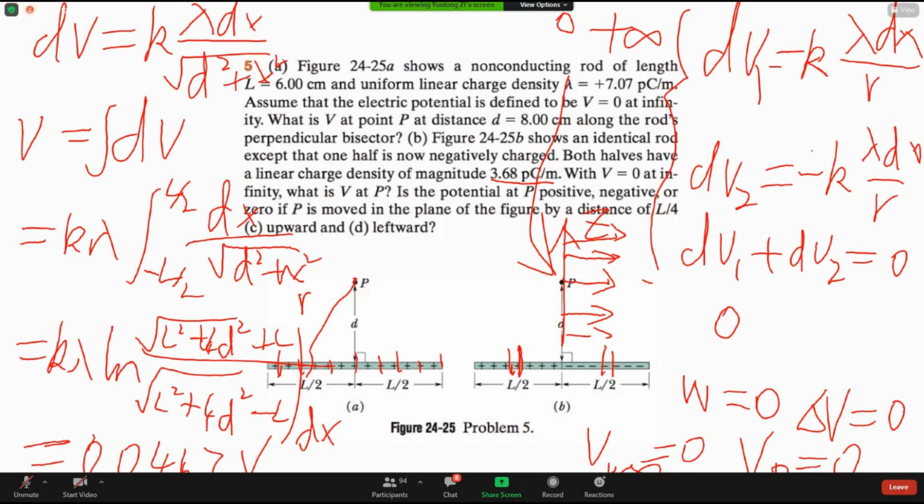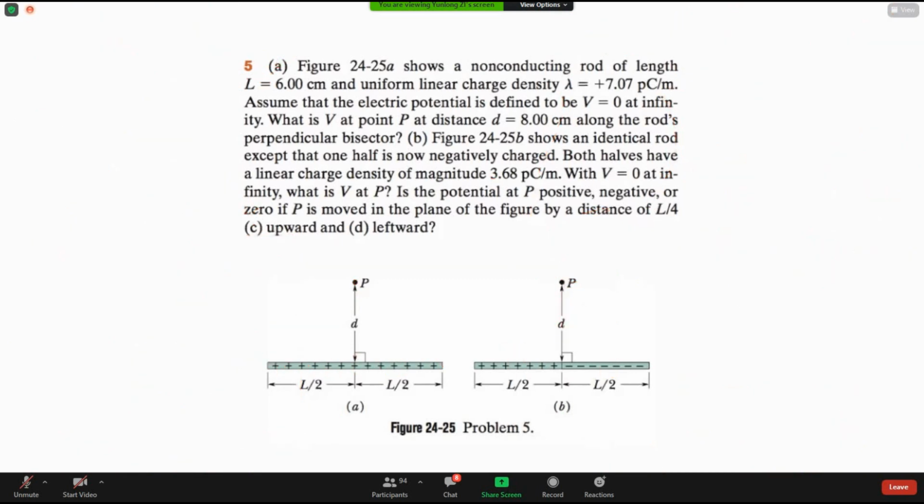And then the last question: is the potential at the P positive, negative, or 0 if the P is moved in the plane of the figure by a distance of L over 4, C upward and D leftward. Let's see what happens when it moves upward. We already know on the z-axis the electric field is pointing to the right.